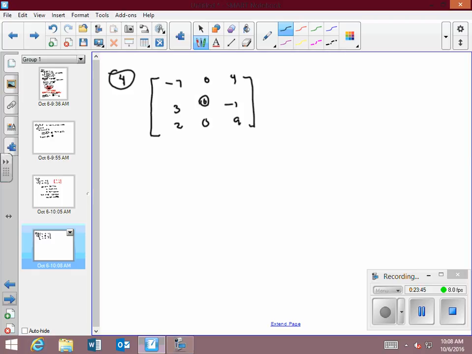Because this column is zeros, this is not linearly independent.